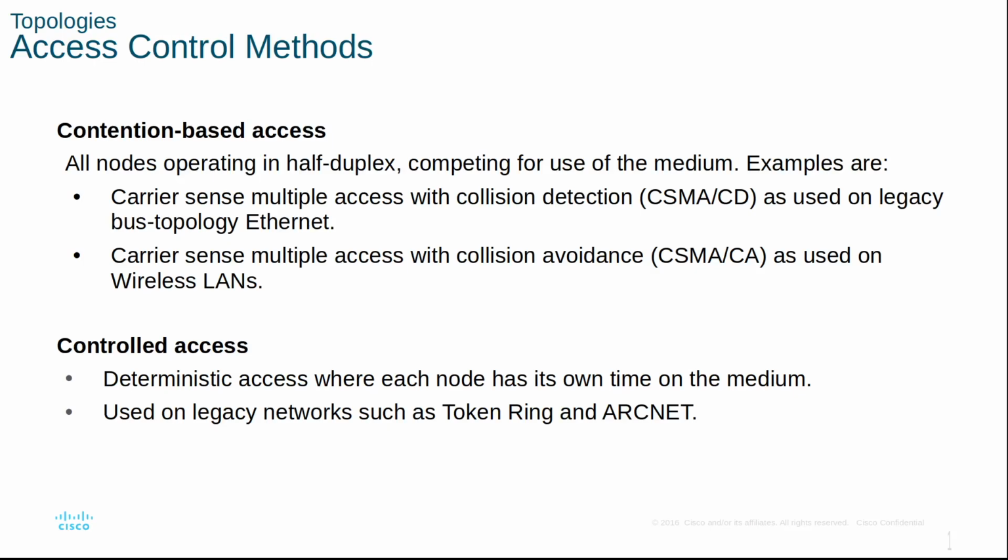CSMA CD used to be used on bus topologies, which is legacy. You shouldn't see these. But in either of these topologies, there has to be some sort of control or controlled access with the legacy ones, to determine who can send data and for how long on the medium. It's used on things like Token Ring and ArcNet, which again, you shouldn't see.